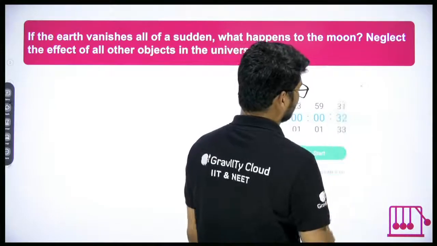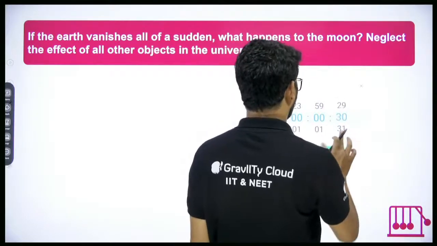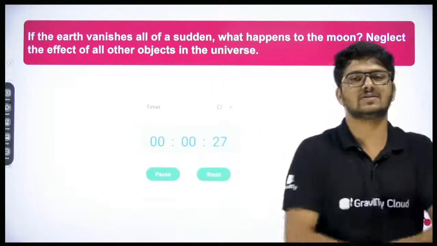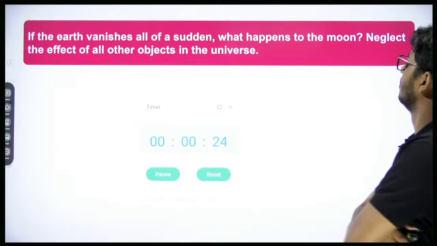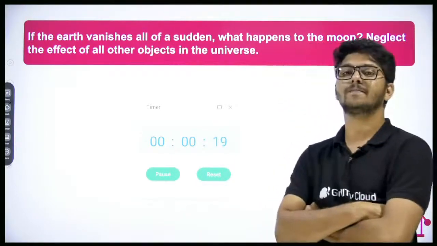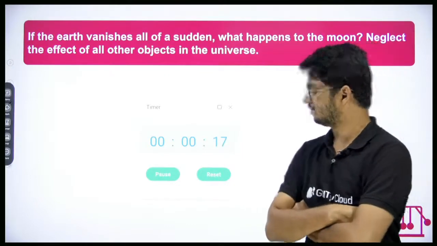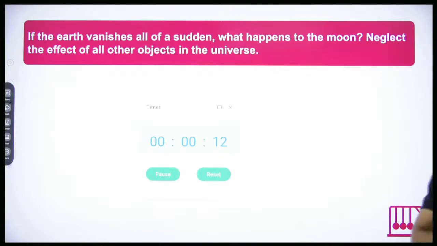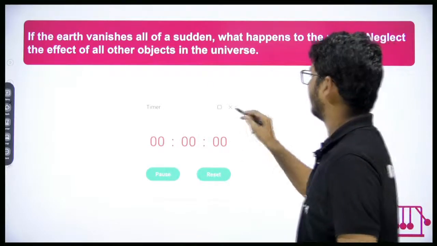If earth vanishes, how will the moon travel? 5, 4, 3, 2, 1, the time is up.